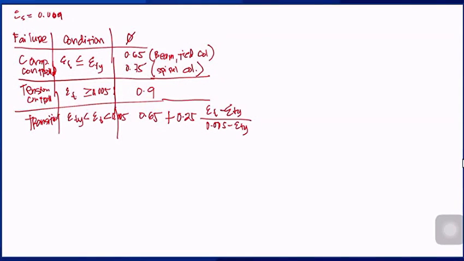So your 0.009 is greater than or equal to 0.005. Therefore, ito siya pupunta sa tension controlled, 0.9 sa table natin. So your phi equals 0.9.